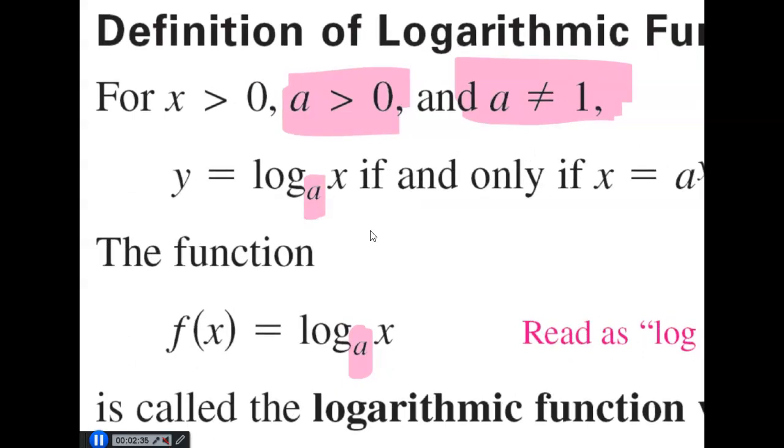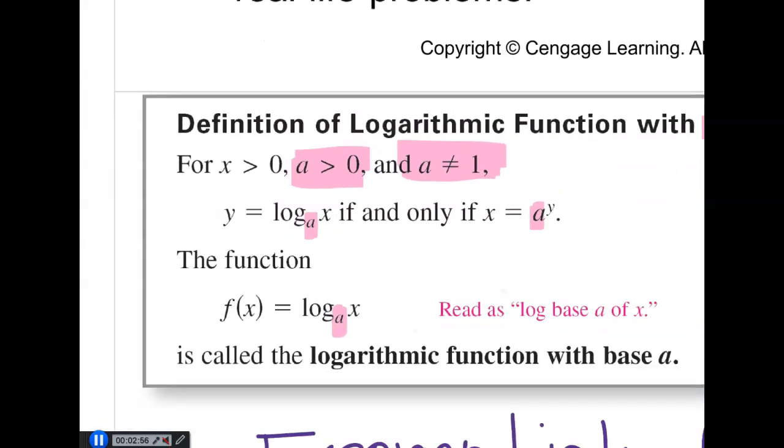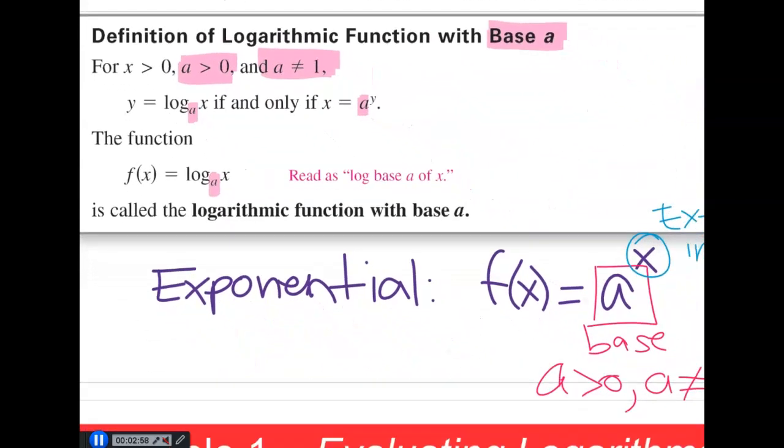Right here, it looks like a little subscript next to the abbreviation of log, of a logarithm. So that is the base. Everything that I highlighted with pink is referring to the base. So the base will determine the type of logarithm that you are using.